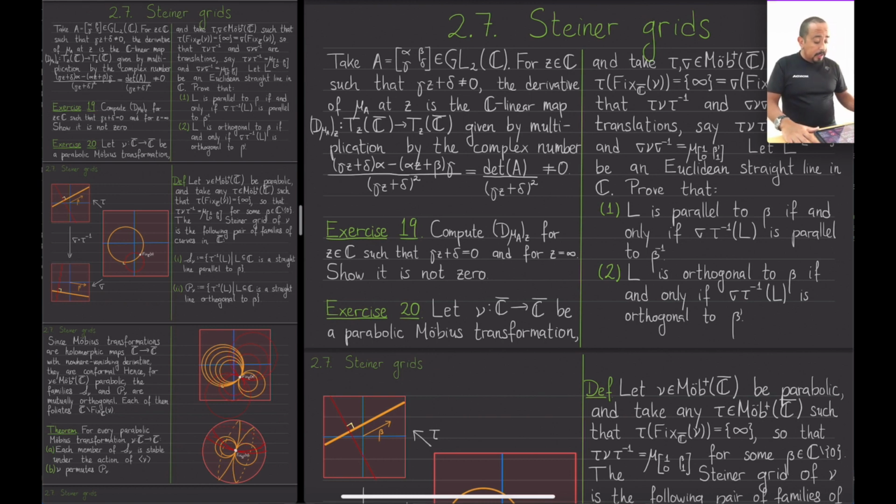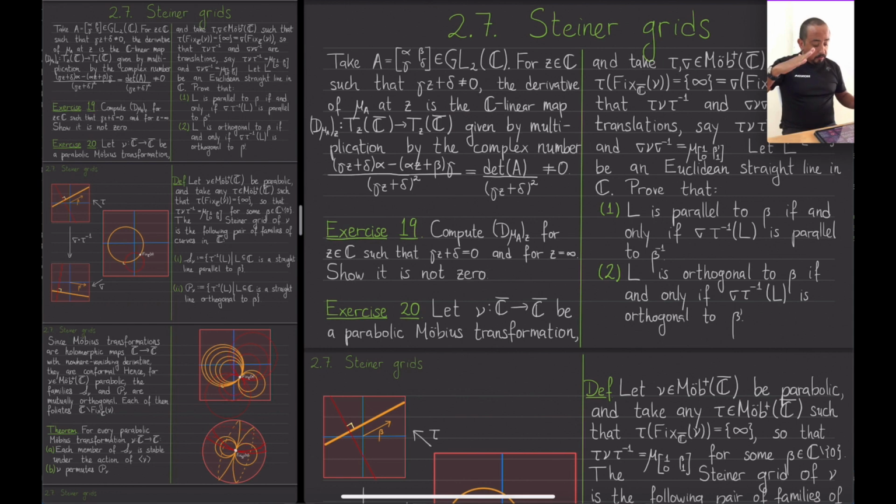So let's say tau nu tau inverse is a translation, and sigma nu sigma inverse is another translation. The directions, beta and beta prime, may be different.